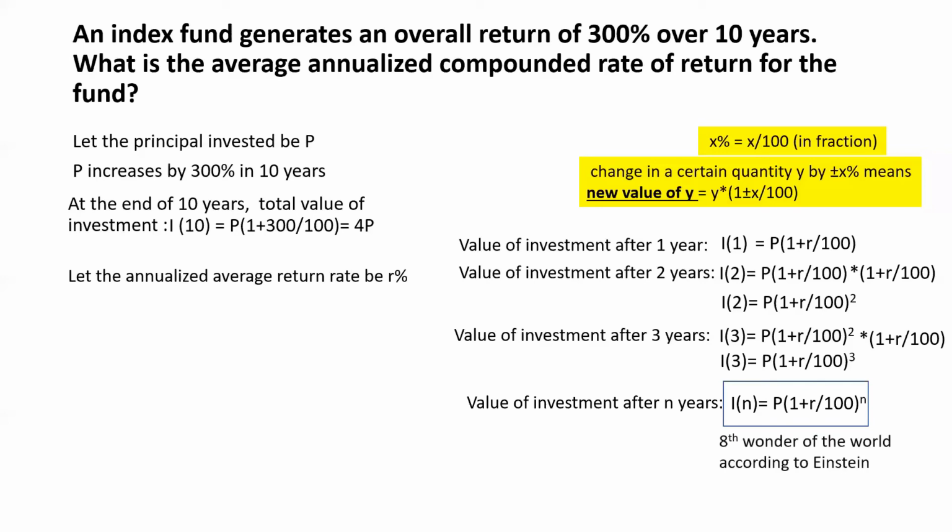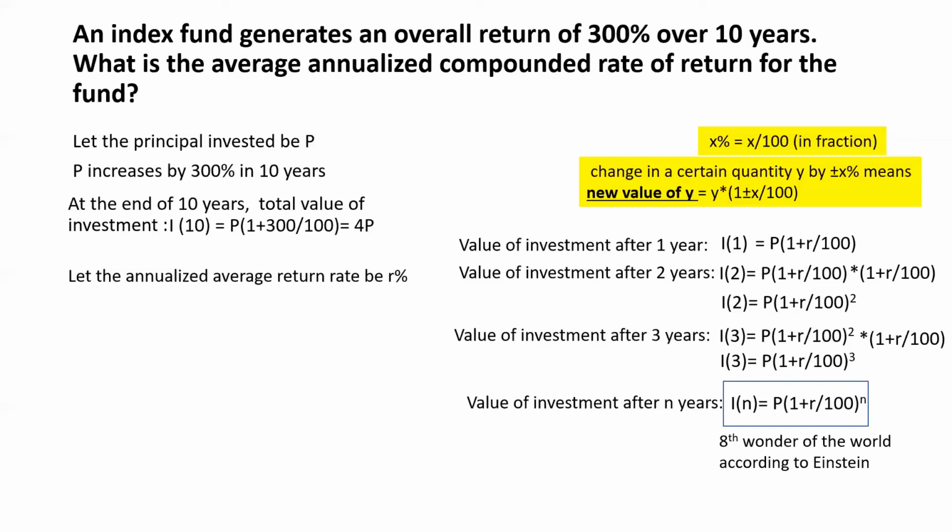And this is what Einstein referred to as the eighth wonder of the world. And why is that? Because the power of compounding is really enormous. And that's something, like I said, very underappreciated, because it's such a simple thing to some, but it could have a really enormous effect.